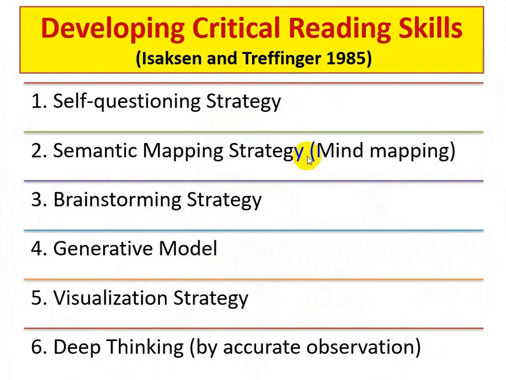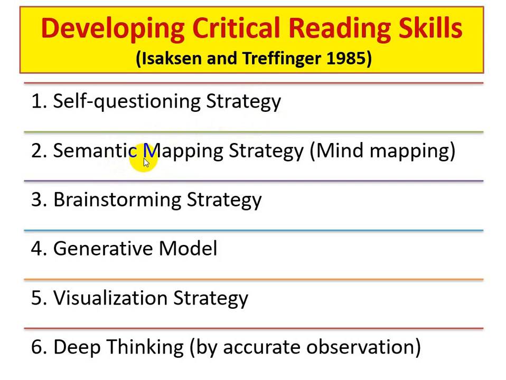So the question is, how can I develop my critical reading skills? You have to follow these 6 steps according to this author. First of all, use the self-questioning strategy, to ask yourselves a lot of questions concerning the work or the text or the article.